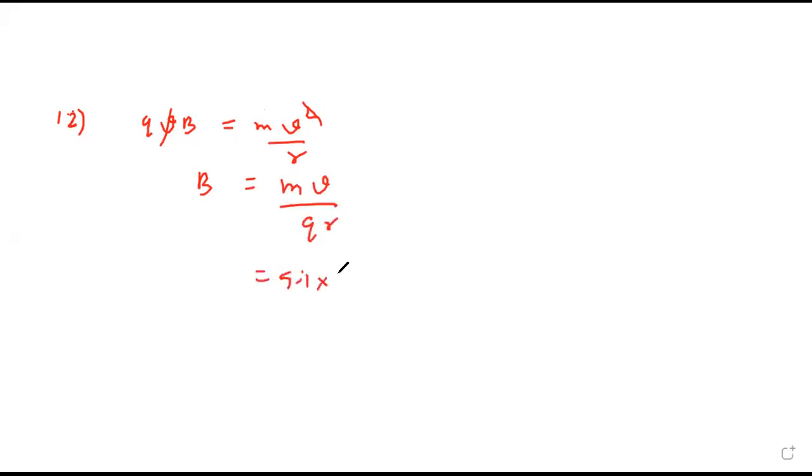Mass 9.1 × 10^-31. Charge 1.6 × 10^-19. Velocity is given 10^6 and radius 0.5.